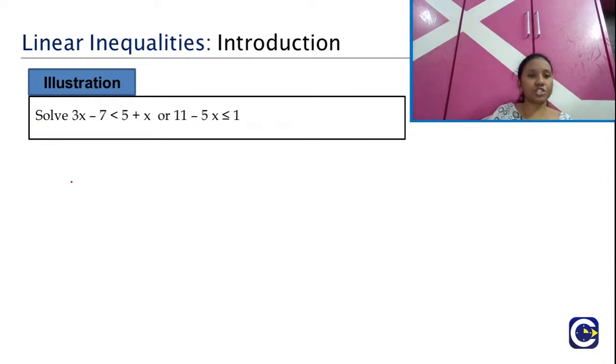So come on guys, the solutions will be the same thing for each of the separate inequalities.